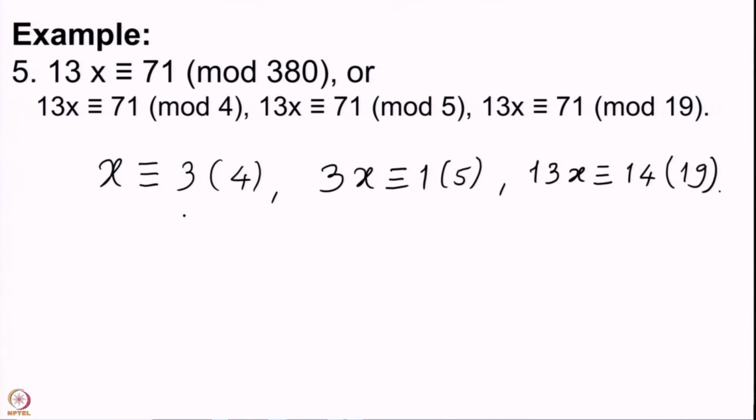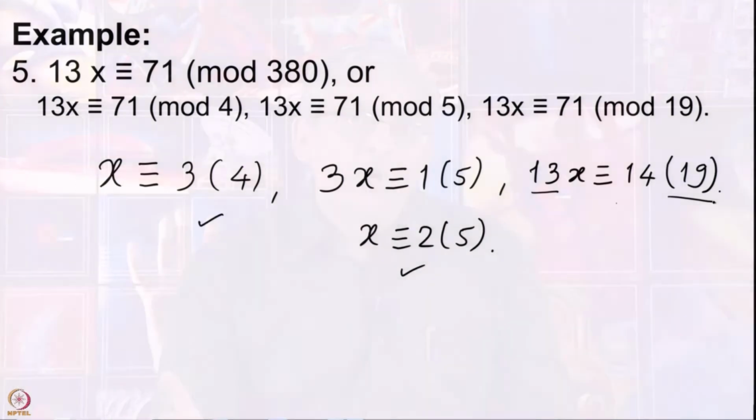So, 3 mod 4, 3x congruent to 1 mod 5. 3x congruent to 1 mod 5 can also be immediately written as x congruent to 2 mod 5. So, 3 mod 4, 2 mod 5 and 13x congruent to 14 mod 19. This we should try to invert, 13 now modulo 19. Observe that 13 into 3 is 39, which is 1 mod 19.